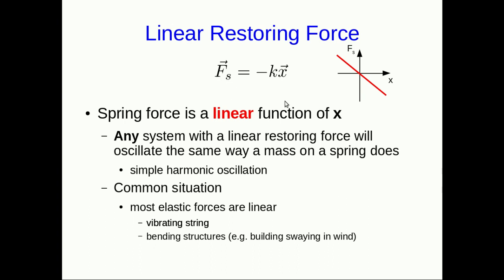A pendulum, as long as it does small oscillations, as we'll see, turns out to have a linear restoring force, and so it also oscillates the same way as a mass on a spring does. And that's sort of surprising if you think about it, because they're very different systems.